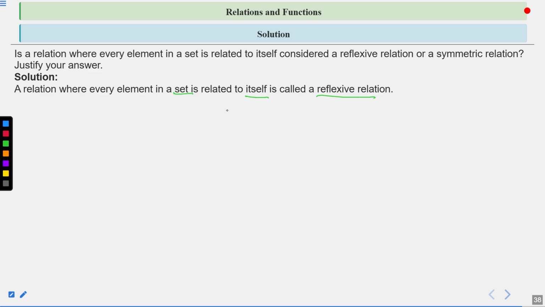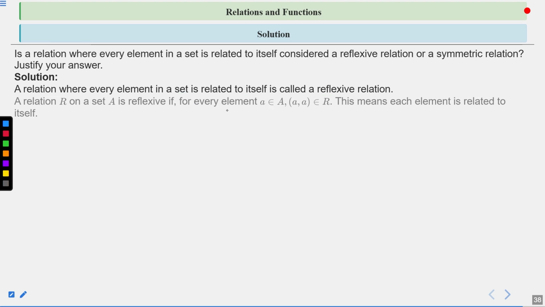If you recall the definition of a reflexive relation, the condition that must be fulfilled is that (a, a) belongs to the relation R, meaning every element from the domain set must also be related to itself. So a relation R on a set A is reflexive if for every a belonging to A, the pair (a, a) belongs to R, meaning each element is related to itself.